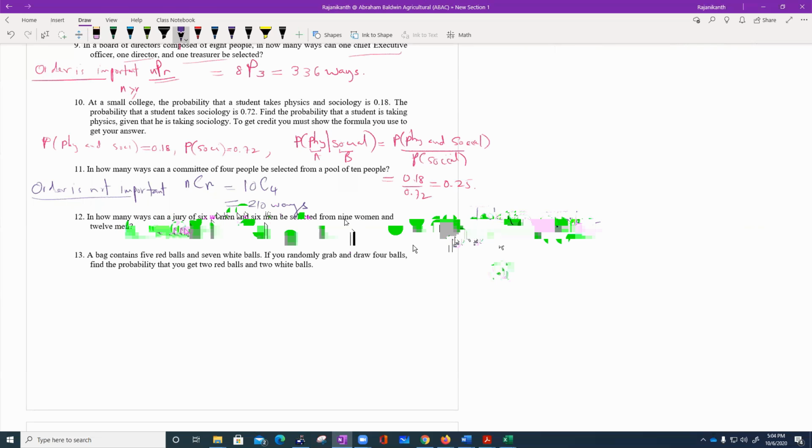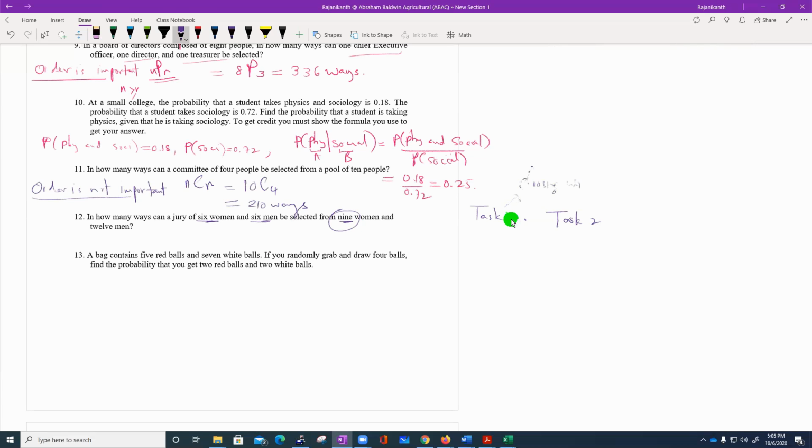How many ways can a jury of 6 women and 6 men be selected from 9 women and 12 men? So for women that's 9 in total, and you have to choose 6 at a time. Task number one is choosing women, and task number two is choosing men.